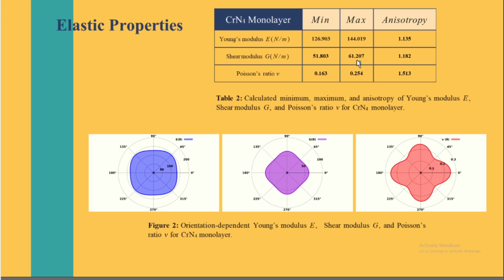We see that the highest stiffness was found at a 45 degree angle to the x-axis, and the smallest at a 90 degree angle to the x-axis. And according to the percentage ratio, this monolayer shows the highest flexibility when stretched along the x-axis or 90 degrees from it.